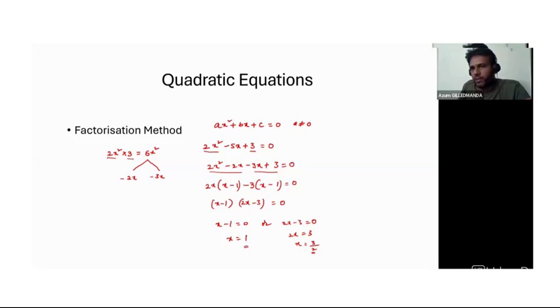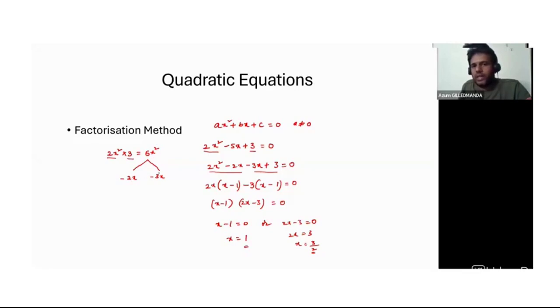Okay. So listen carefully to how we follow this factorization method to find the roots of any quadratic equation. A quadratic equation has three terms: the x square term, the x term, and a constant. Now you multiply the first term and the constant, that is 2x square into 3, which is 6x square. Now carefully check the middle term. You need to split it in such a way that if you add those two values, you get the middle term, and if you multiply them, you get that 6x square value.